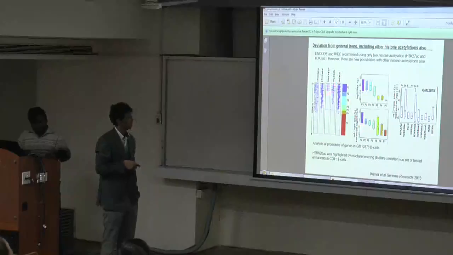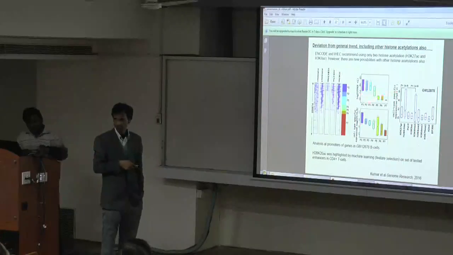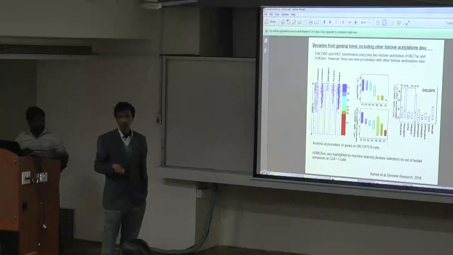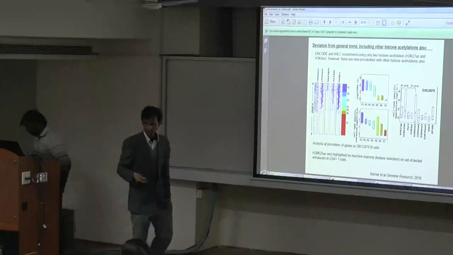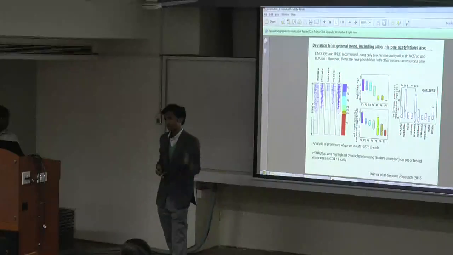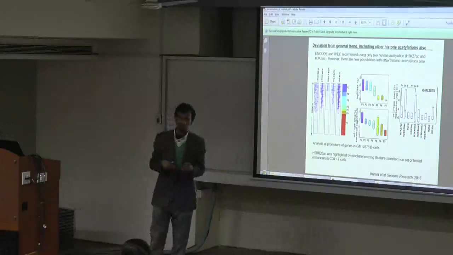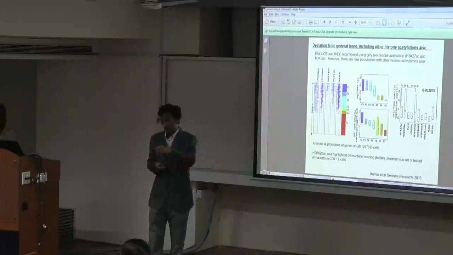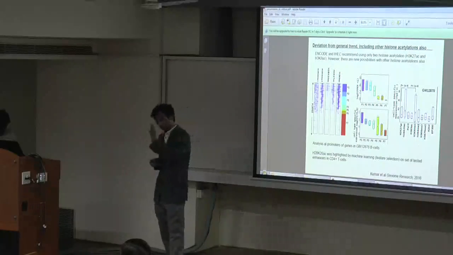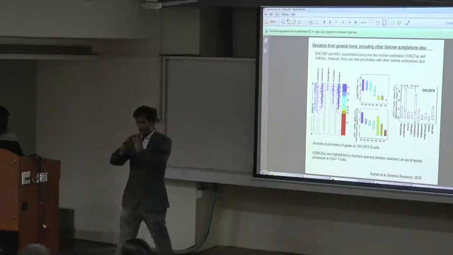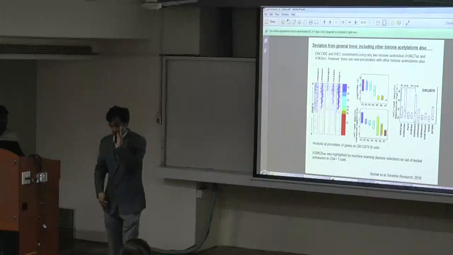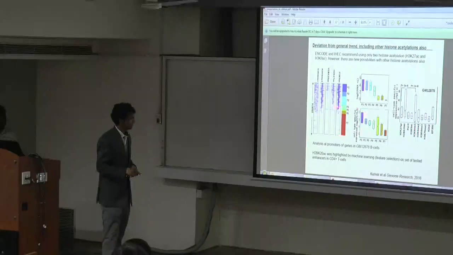We see that the promoters which have H2BK20 acetylation have the highest cell type specificity, because H2BK20 acetylation sets up enhancers, and enhancers connect to the promoters. So basically, enhancers regulate cell type specific genes. There are two kinds of genes: one is cell type specific and one is housekeeping. Housekeeping genes are non-cell type specific. This is a very fundamental finding we published in Genome Research.